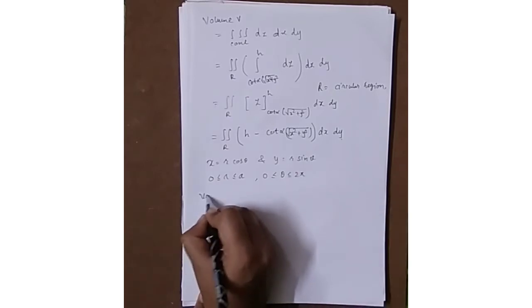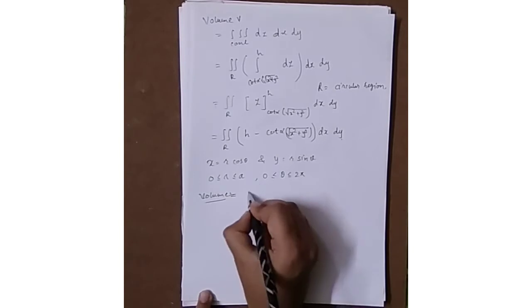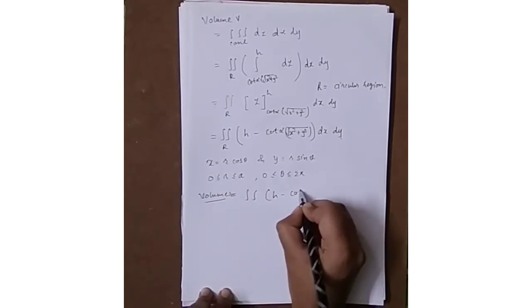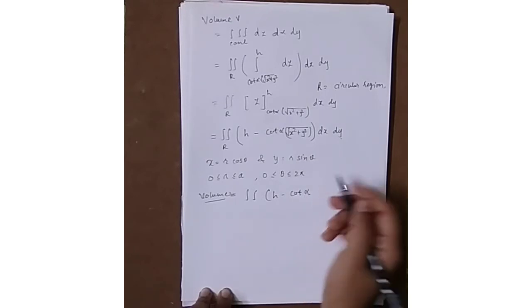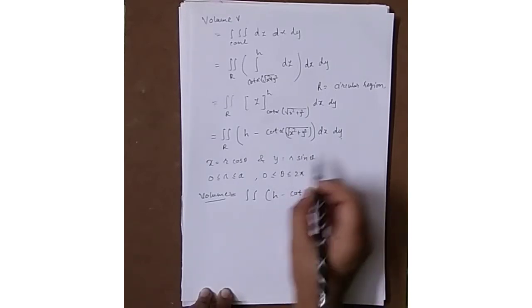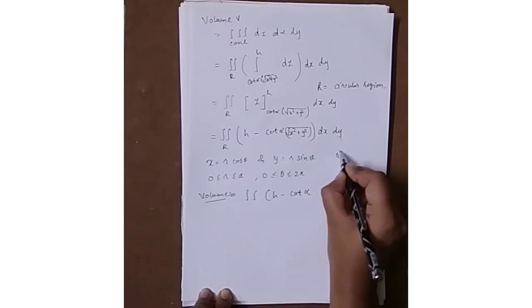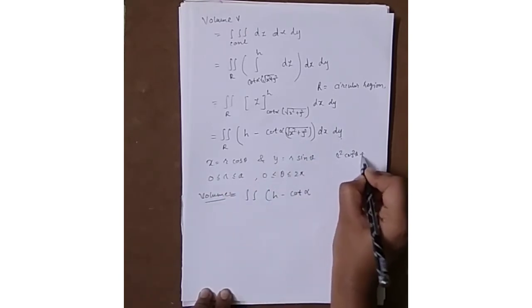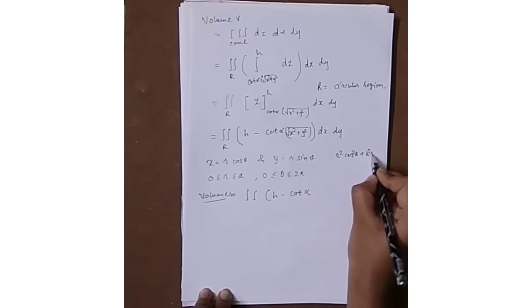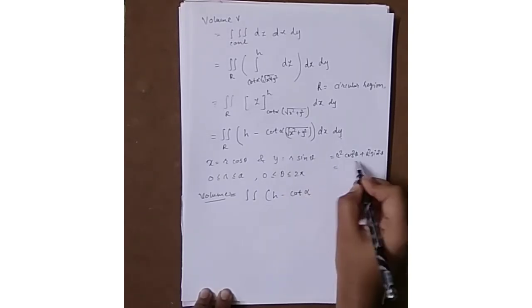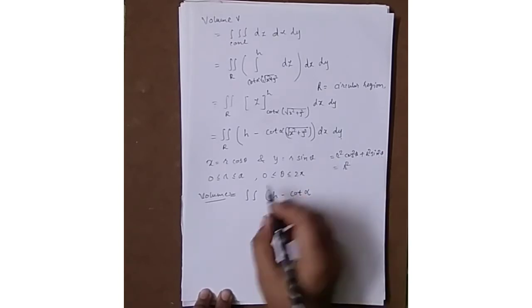So again the volume is equal to the double integration of h minus cot alpha, and here x square plus y square. So x square is r square cos square theta plus y square is r square sin square theta. So it becomes r square because cos square theta plus sin square theta is 1.